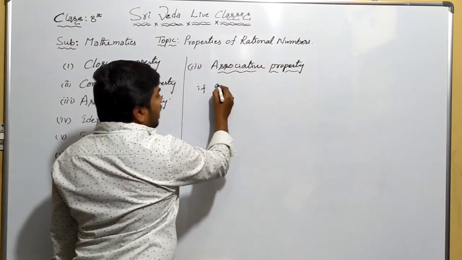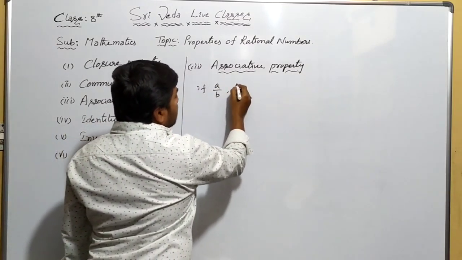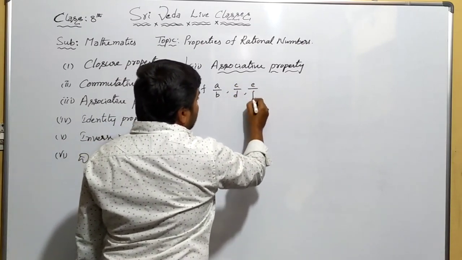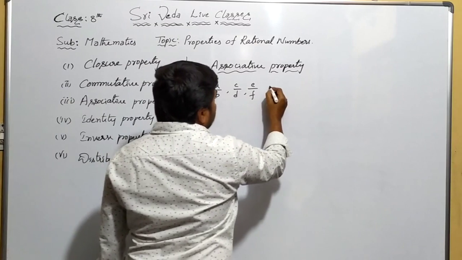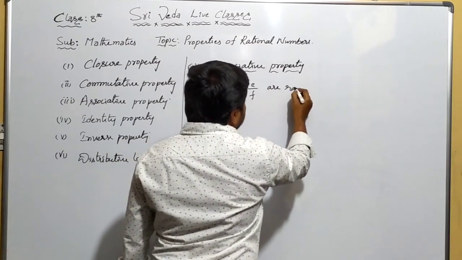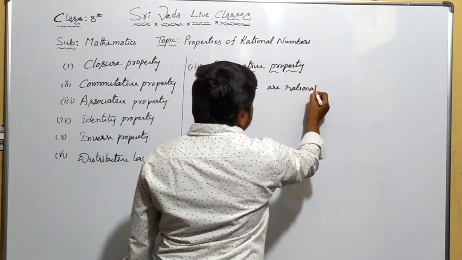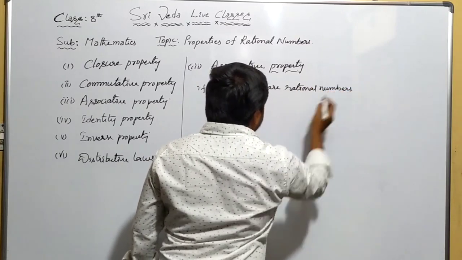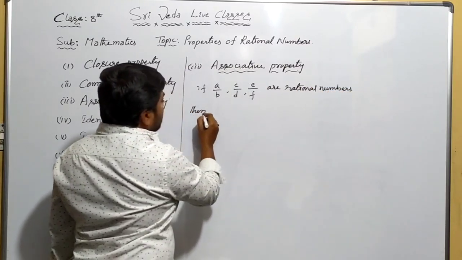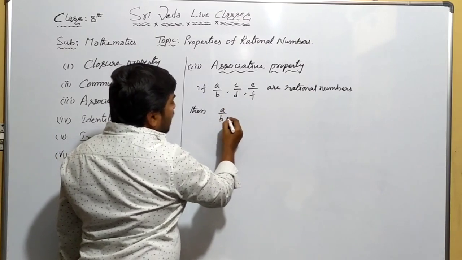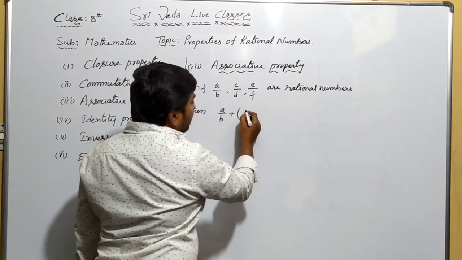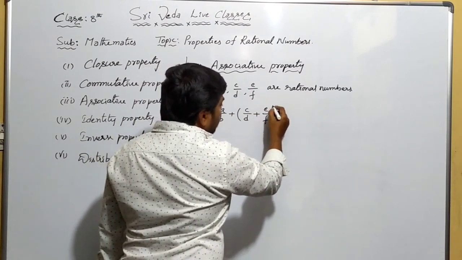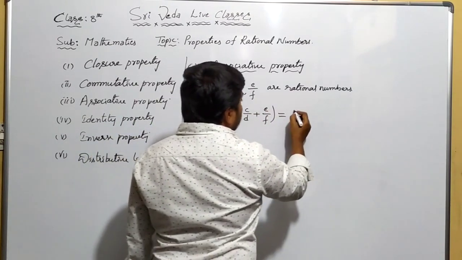If A by B, comma, C by D, comma, E by F are rational numbers, then A by B plus of C by D plus E by F equal to, what is that?